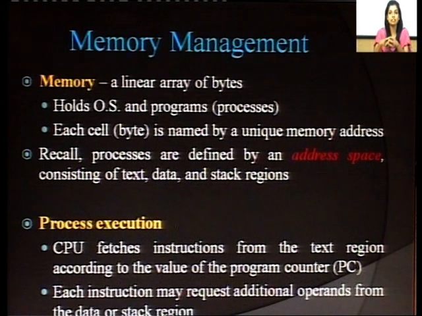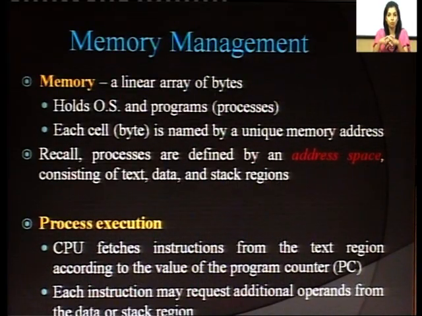Each cell is named by a unique memory address. Processes are defined by an address space consisting of data, text and stack regions. So processes contain data, text and stack, and all that information is stored in memory, and memory has a set of bytes.